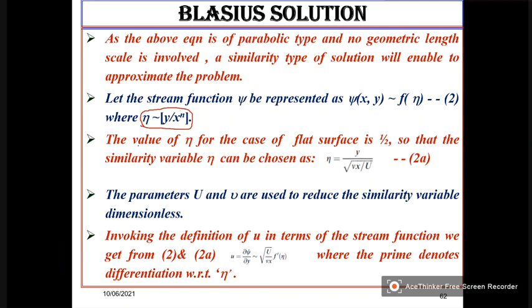Now what we do is the value of eta for the case of flat surface is half n. The value of n. This is not eta. I will correct that also.